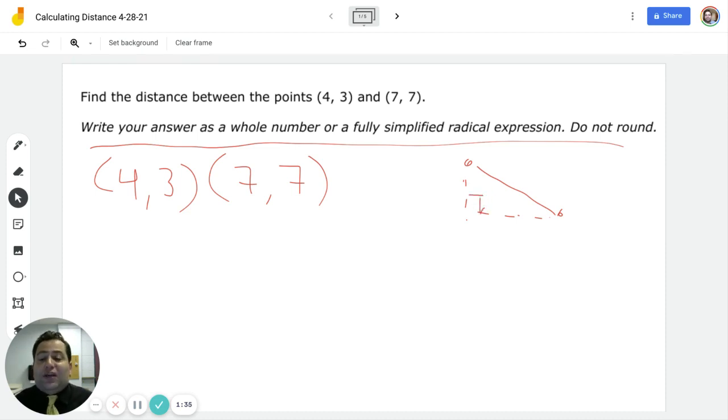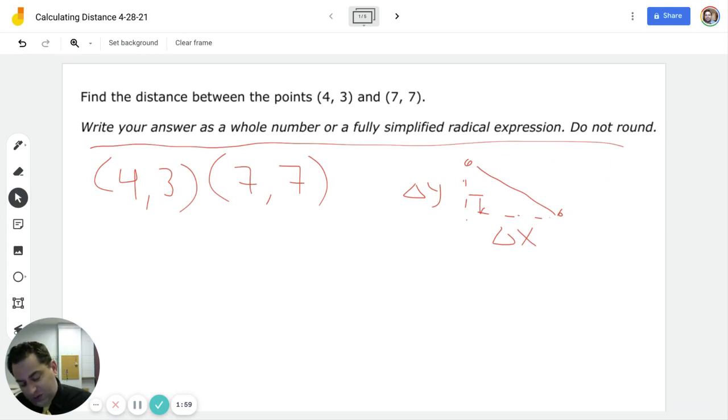So think back to slope, Algebra 1 slope. If we use the change in y and change in x, we can find the legs of this triangle, or the two short sides. So let's try that.